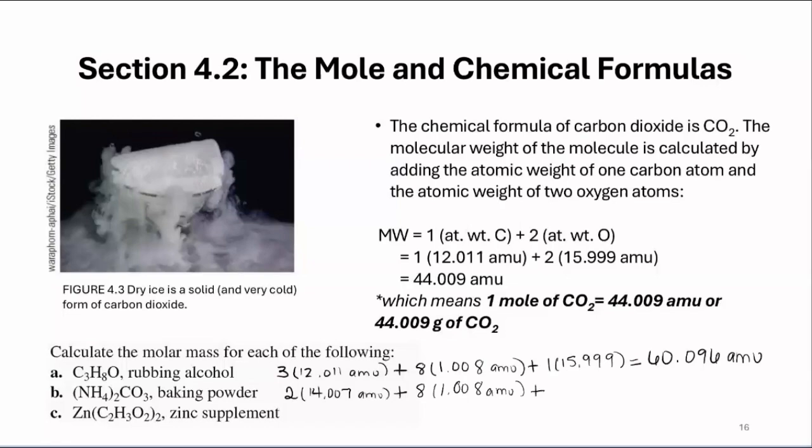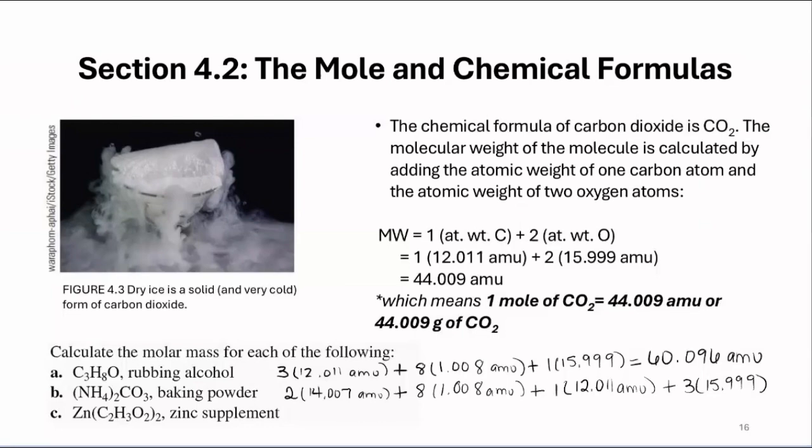Plus, we have in the system 1 carbon, 1 times 12.011 AMU. And lastly, we have 3 oxygens, so we're going to do 3 times 15.999.